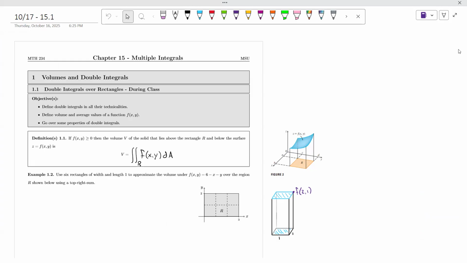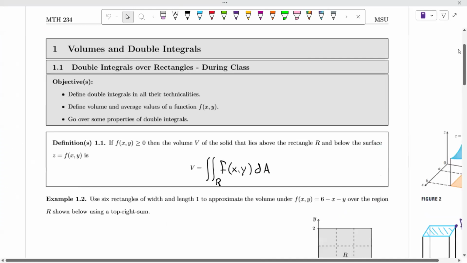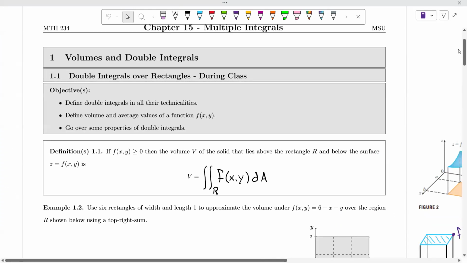But anyway, double integrals. Let's get right into it. As the name might suggest, it's 2 integrals, or at least its symbol is, because today we're just going to be interpreting this thing symbolically: what is a double integral. We'll worry about actually calculating one of them later.